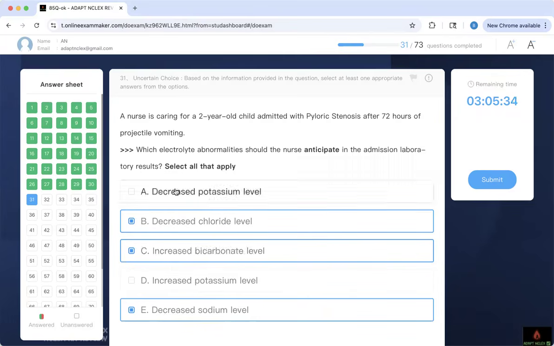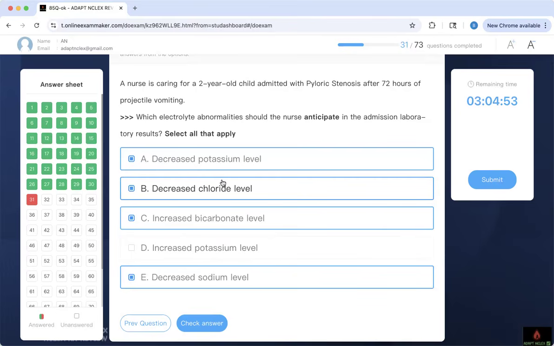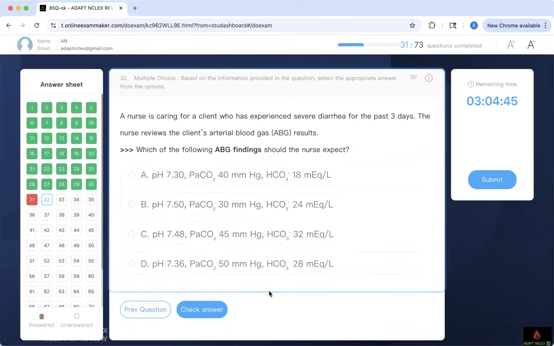Your potassium is going to decrease because the kidney now has to retain sodium, since you were losing sodium, so that you don't get too dehydrated. So this is what you see. Decreased potassium, decreased chloride, increased bicarbonate, and decreased sodium. So this is what you will see in this situation.